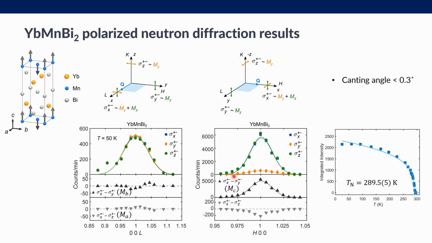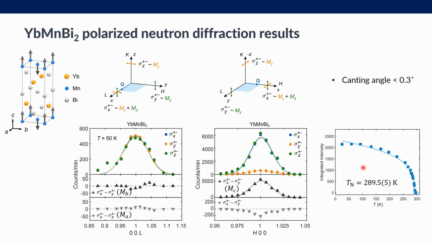When we use the 100 peak, we can probe the dominant z-axis moment, which is shown in the middle panel here. The sigma x minus sigma y corresponds to the z-axis moment. We can further do a detailed temperature dependence to extract this order parameter, which gives us a Néel temperature of about 290 Kelvin.